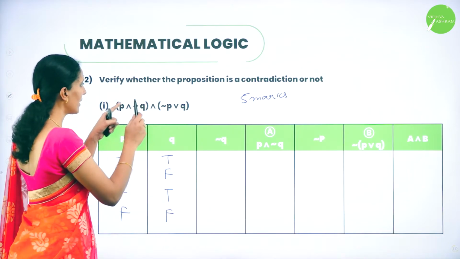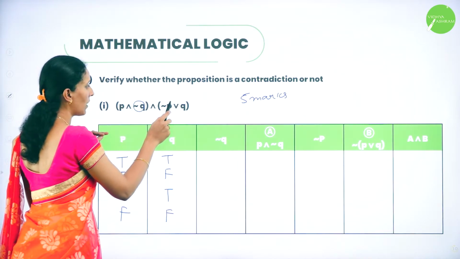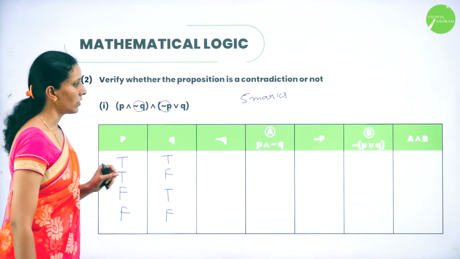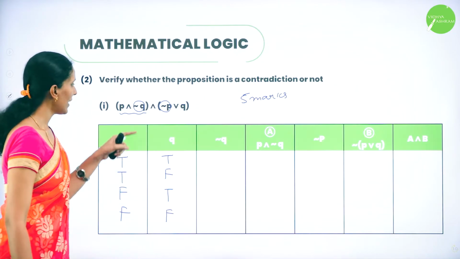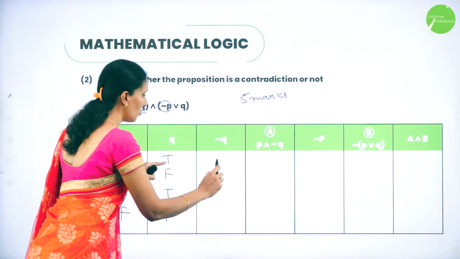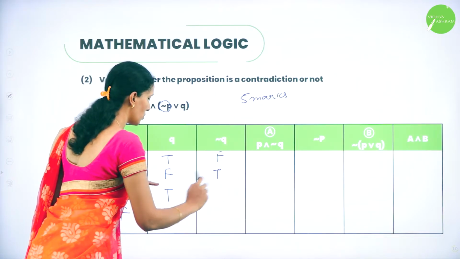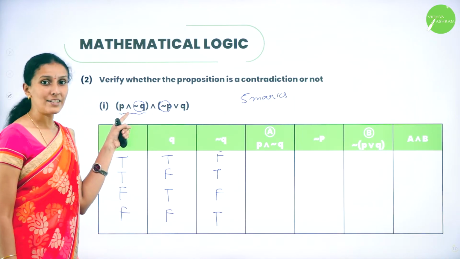Now next, what is required? Here we need a negation of Q as well as a negation of P. So first let us solve the first statement. For that I need negation Q. What is negation Q? If it is true, it is false. If it is false, it is true. So false, true, false, true. Next, this is a conjunction statement.